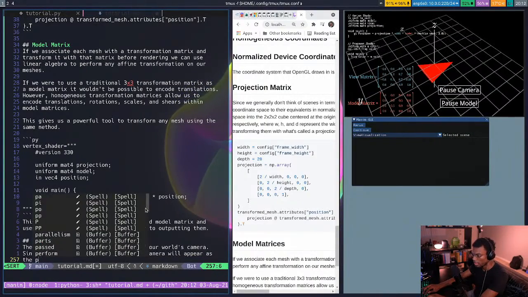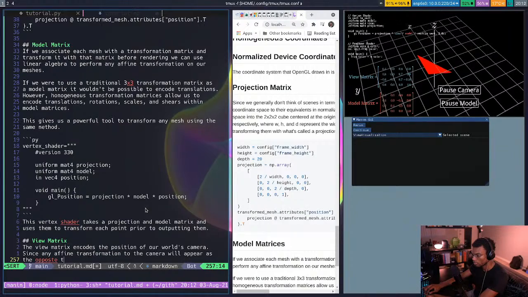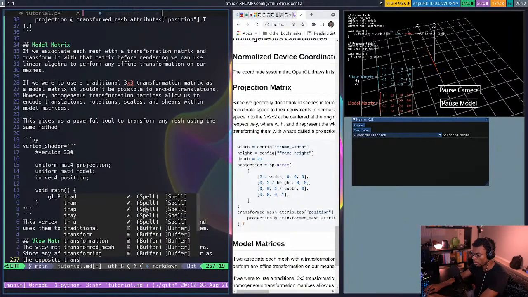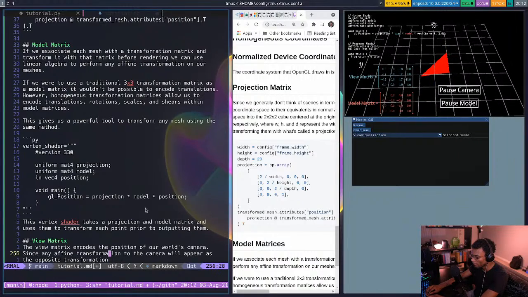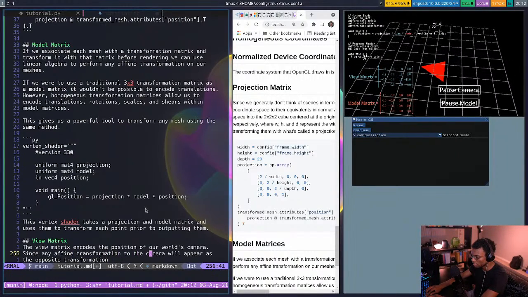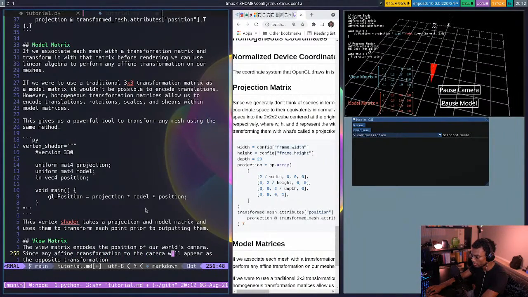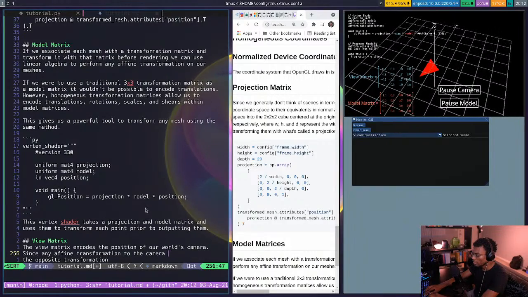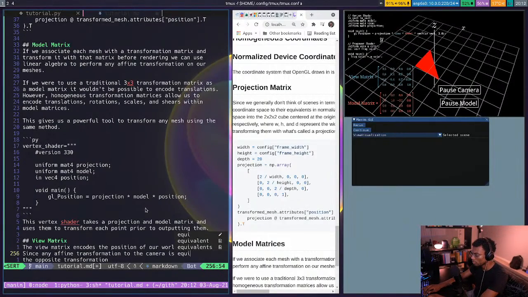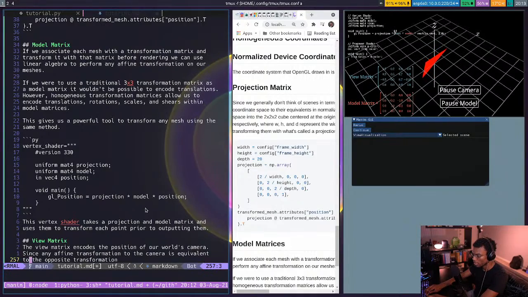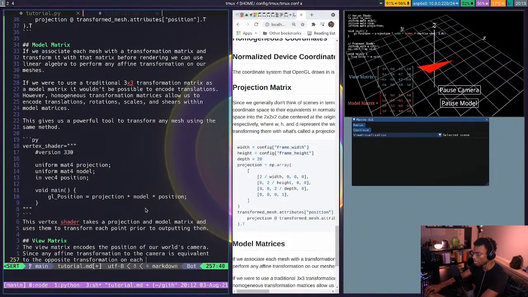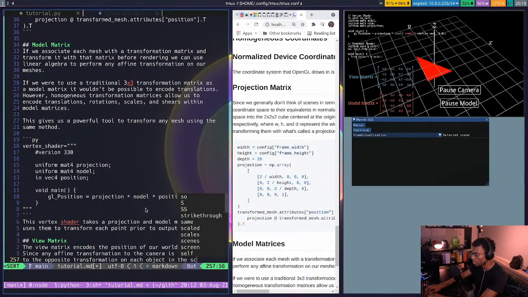Any affine transformation to the camera is equivalent to the opposite transformation on each object in the scene.